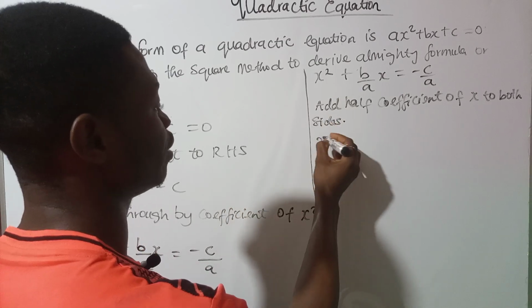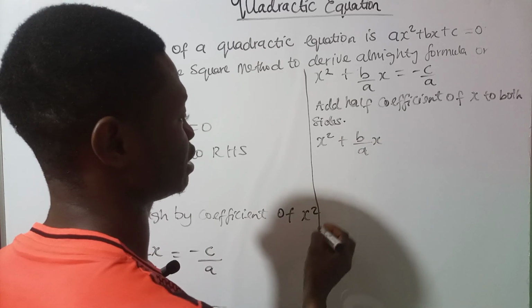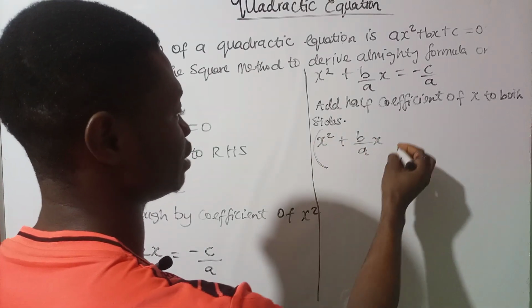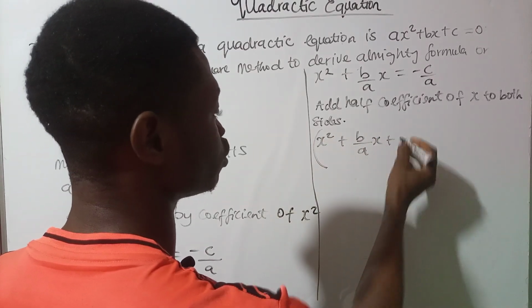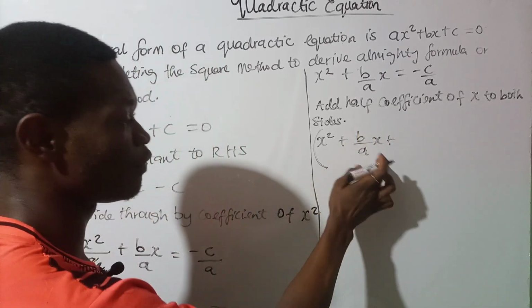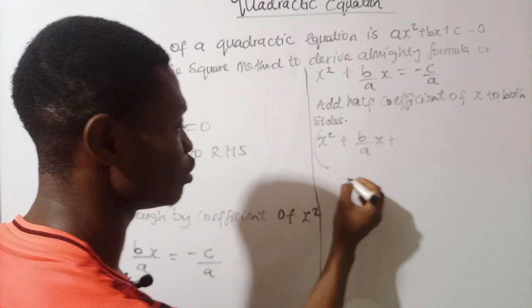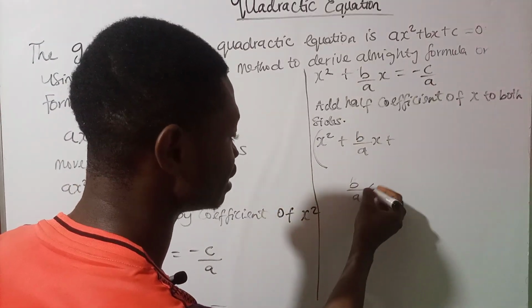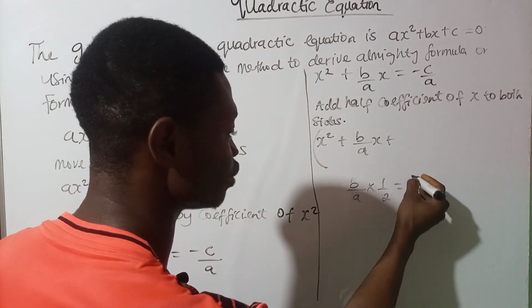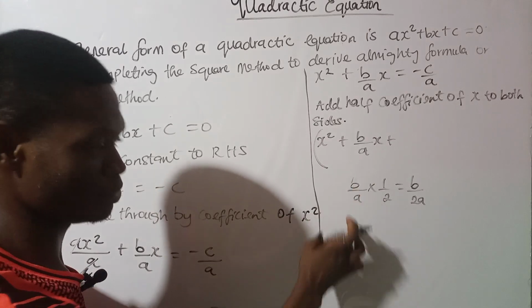So we are going to have x squared plus b over a x, you can put it in parentheses here, plus half of the coefficient of x. The coefficient of x is b over a. Now half of b over a is b all over a times 1 all over 2, which will give us b over 2a. That is the half of the coefficient of b over a.